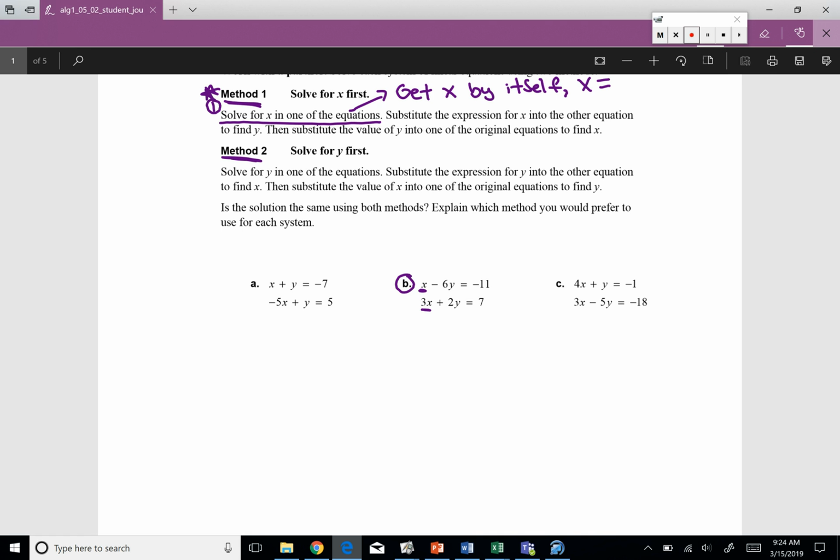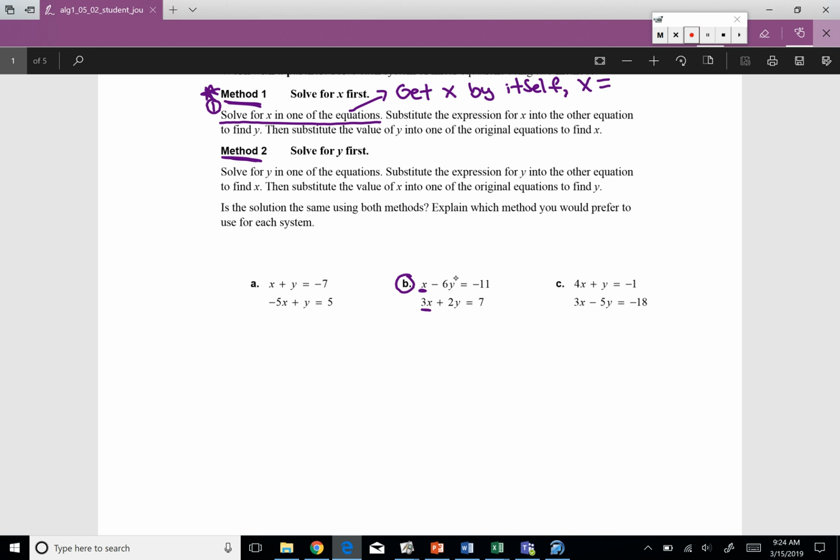A plain x is going to be easiest to get by itself versus an x with a 3 in front of it. If there's a 3 in front of the x, I know at some point to get the x by itself, I'm going to have to divide by 3. If I have just a plain x, it just has a 1 in front of it. I'm not going to have to divide by anything to get that x by itself.